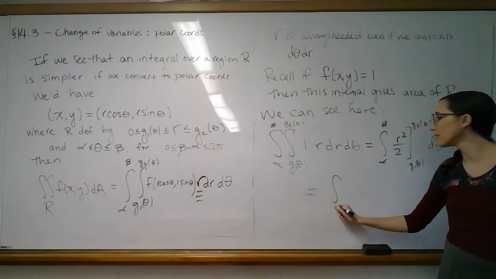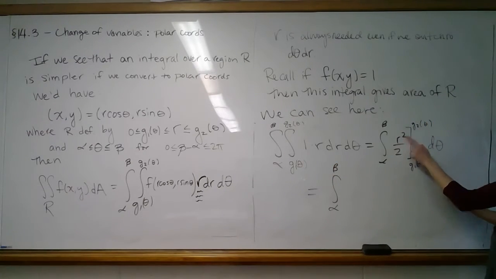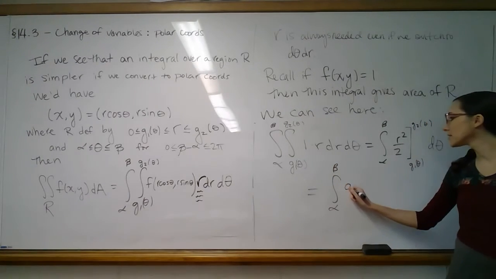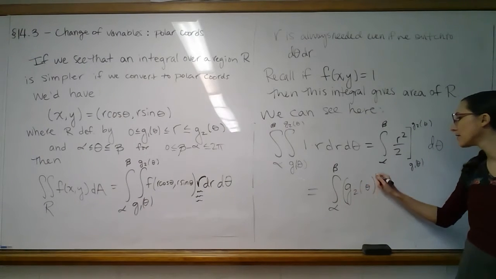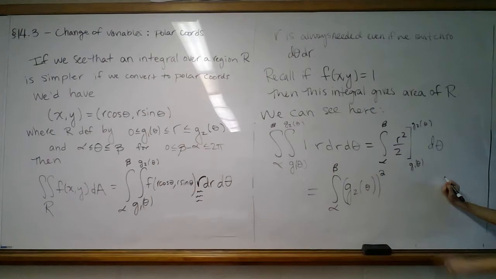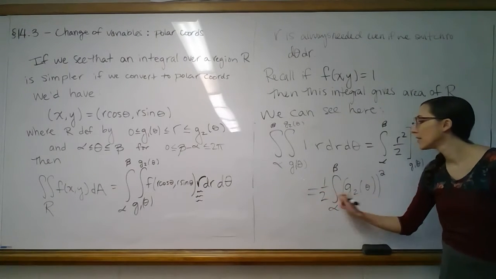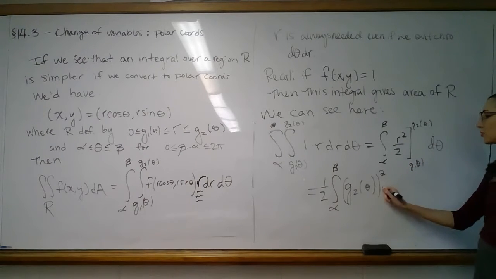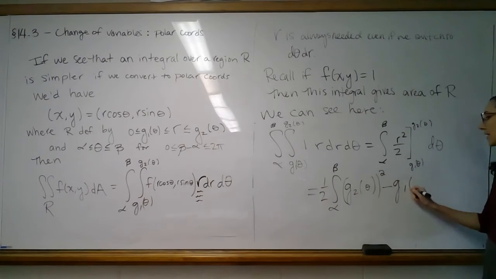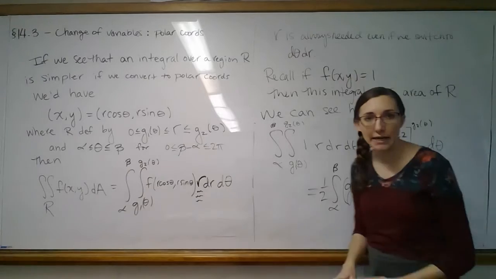We have the integral from alpha to beta. If I plug in G2, we're going to square it, so I'll have G2 of theta squared. There's a 1/2, let's pull it out front, because there's also a 1/2 in the second one, so then I subtract off G1 of theta squared, and all of this is taken d theta.